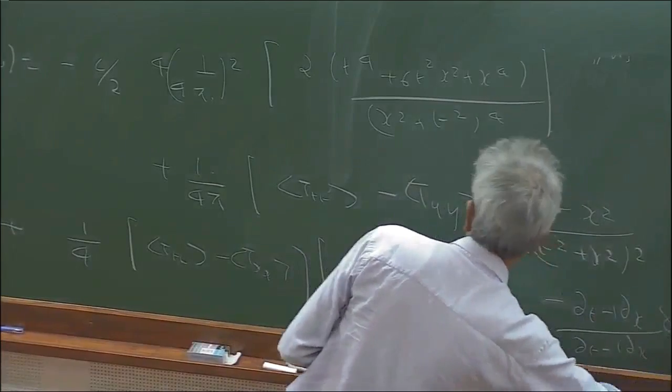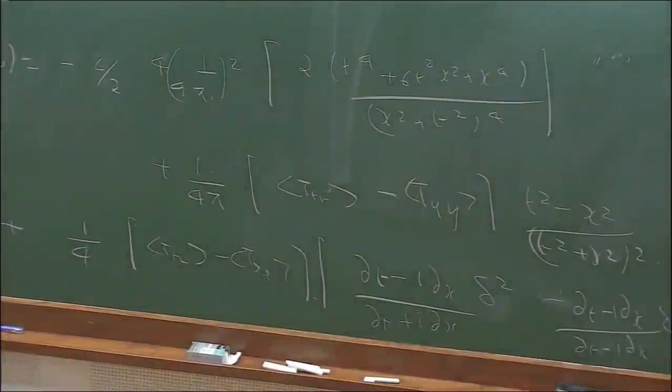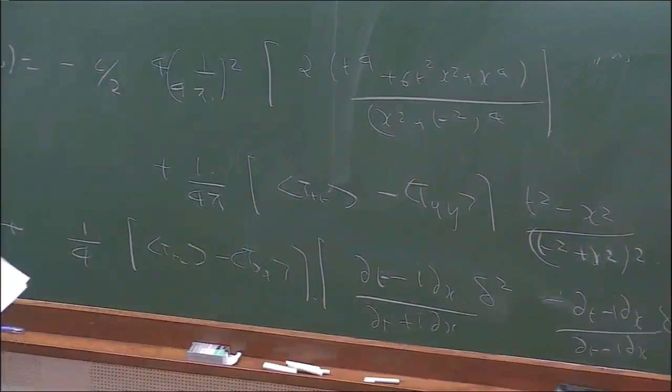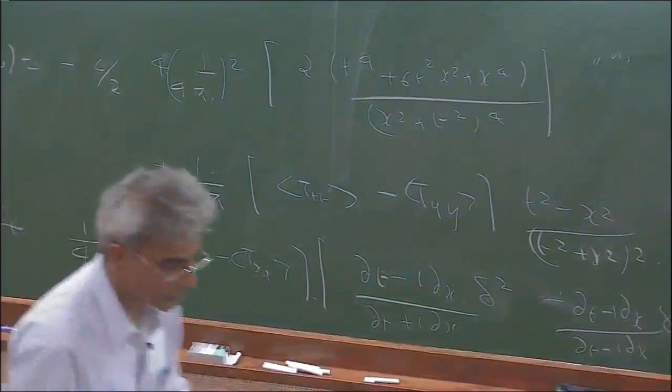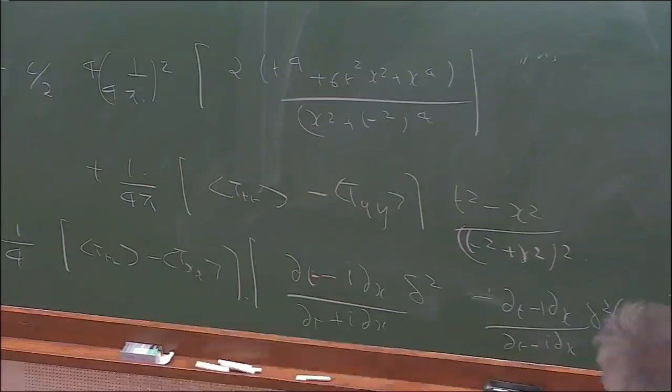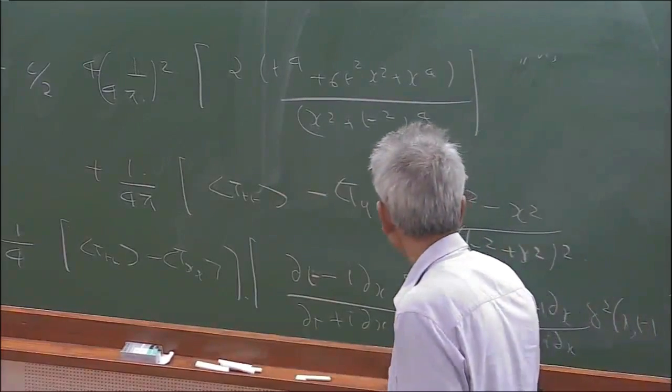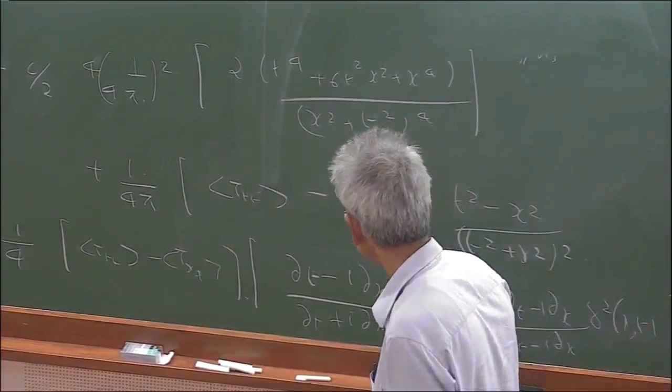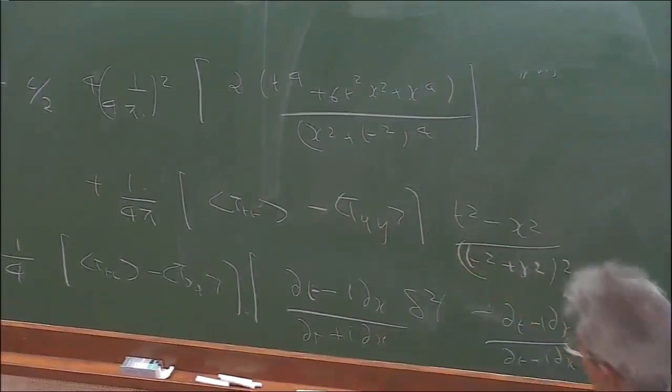So there are these terms also, but in general, in higher dimensions, these terms will play a role. And the Fourier transform of this, in the large frequency limit, vanishes. But the other terms, one by dt, yes, there are these terms.